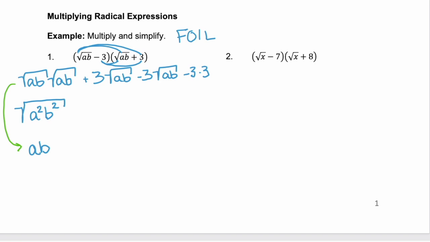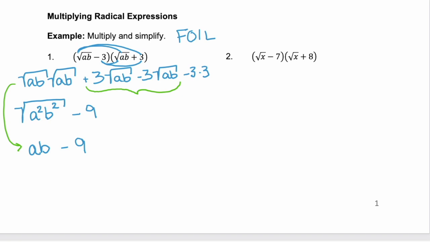And now notice that these second two terms, plus 3 square root of AB minus 3 square root of AB, cancel each other out. So our next term is just going to be negative 3 times 3, or minus 9. So that simplifies to AB minus 9.